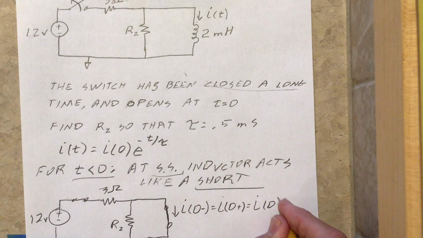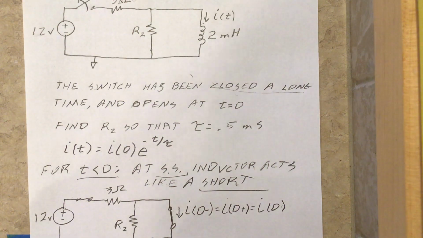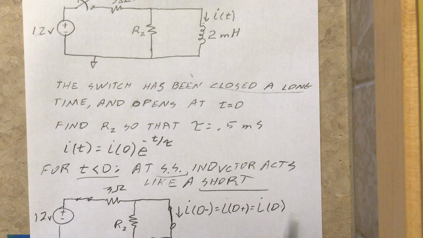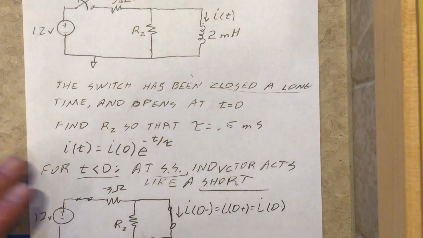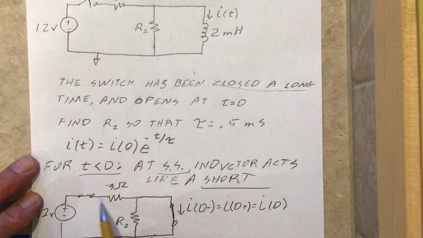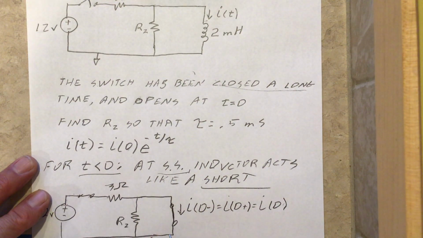Remember that for an inductor, the current cannot change instantaneously. So for the instant before and the instant after, it's all going to be the same. So we just need to figure out how much current's going through here. Well, let's see. It may look like we have a current divider here, but notice we have 0 resistance in this leg, and we're going to have some resistance over here. We don't know what it is, but we're going to have some. So all of the current is going to go through the 0 resistance side.